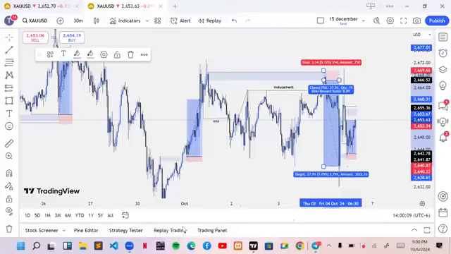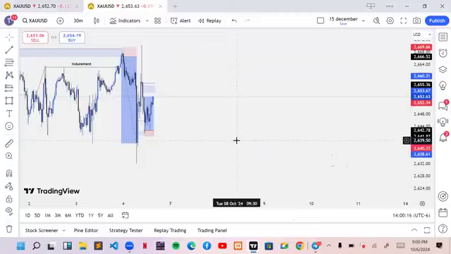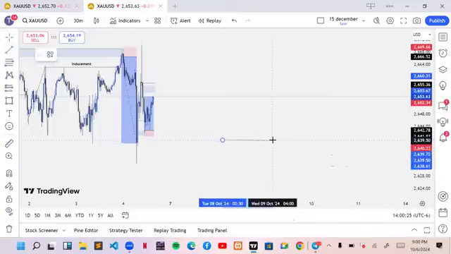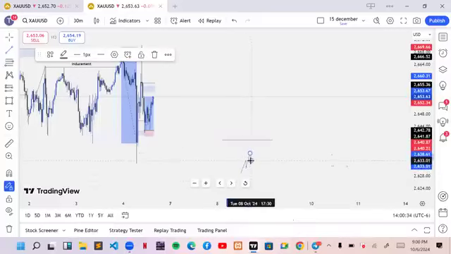How do you know a valid pullback after inducement? Like I said, a valid pullback needs to push the market close to at least 50% or above of the last move. Let's say this is a resistance level, and the market was making higher highs and higher lows, then breaks this zone.